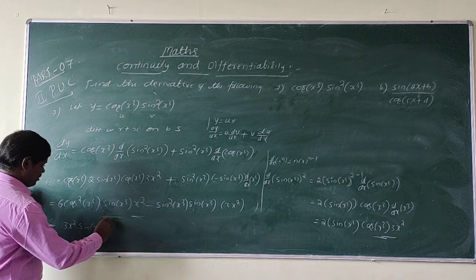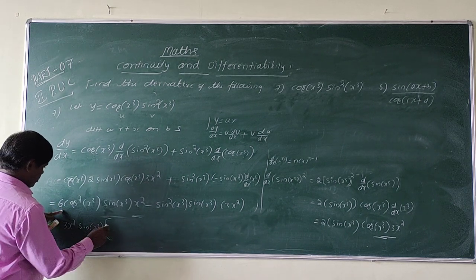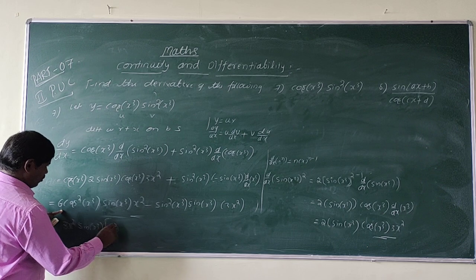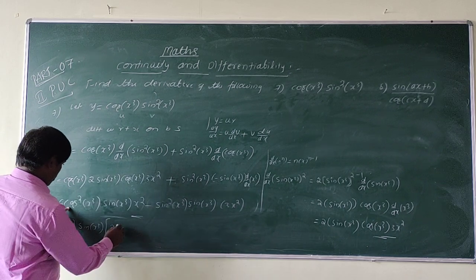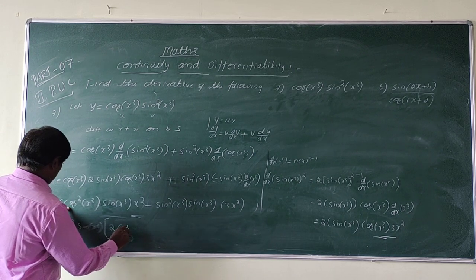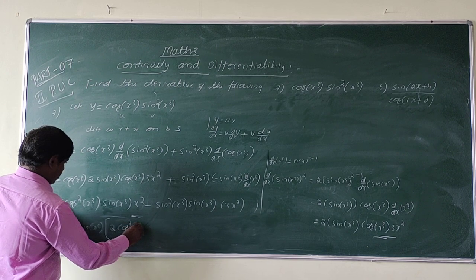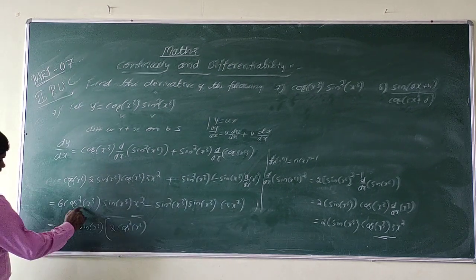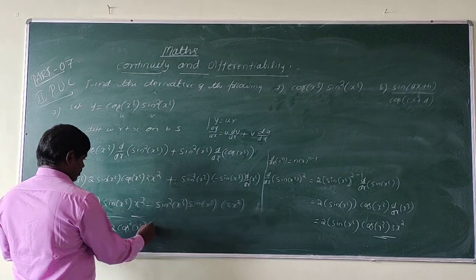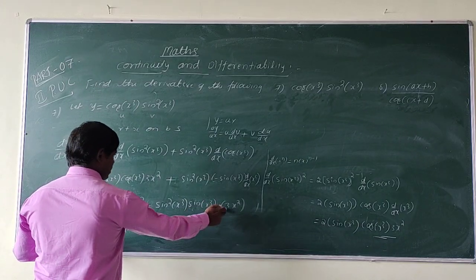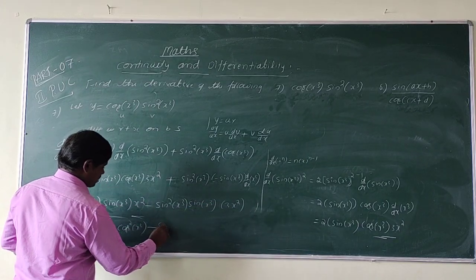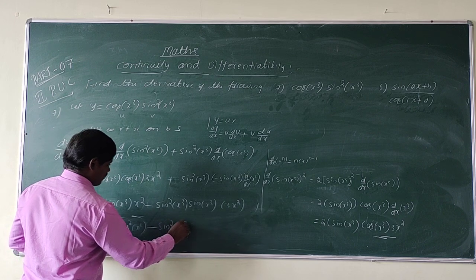Then we are left with 2 into cos square x cube in this part. And taking this term as common, we are left with sin square x cube.